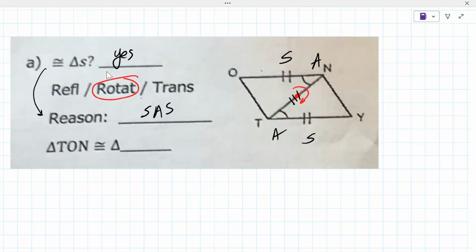Now the order of the letters here does matter. Like if you're looking at the top triangle, TON, it's the side where nothing's congruent, down the side where two is congruent is your path. So you have to sort of start it the same way on the other triangle. Would you attempt to give me those three letters there, please?